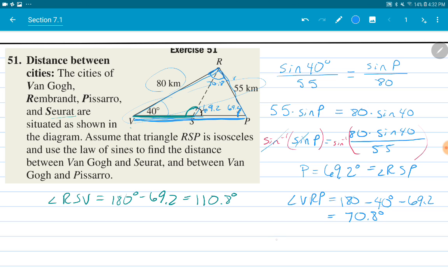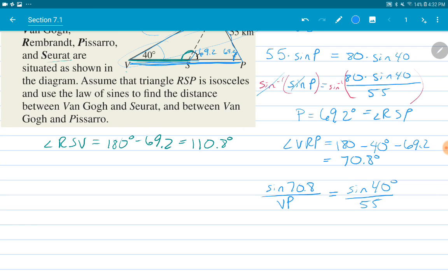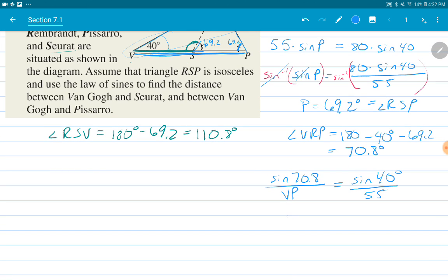Then I can do the law of sines, and I have sine of 70.8 is to that big distance between Van Gogh and Pissarro, equal to sine of 40 over 55. And then solving for that, VP equals 55 times sine of 70.8, cross multiplying, and then divide by sine of 40 to get VP by itself.